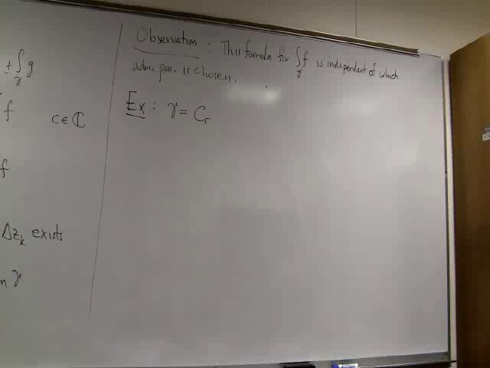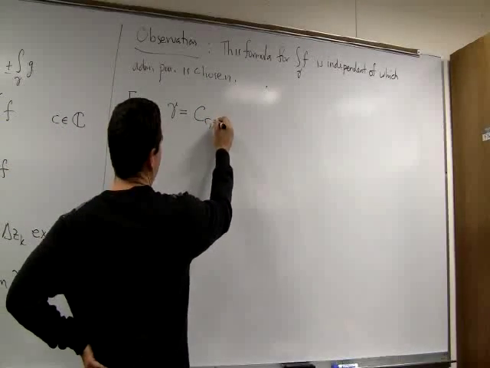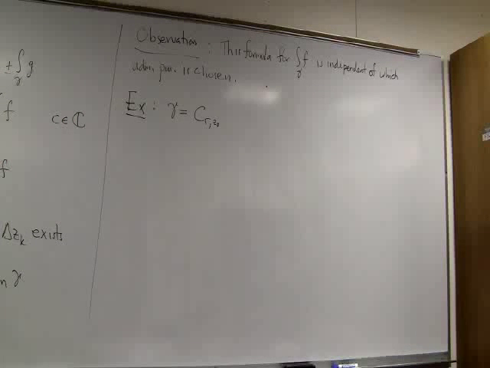But this will be a circle of radius r. And then I'm going to put a little z sub 0 down here. That tells you the center of the circle. So there's some point in the complex numbers, z sub 0. And so here I have a circle with radius r centered at z sub 0.